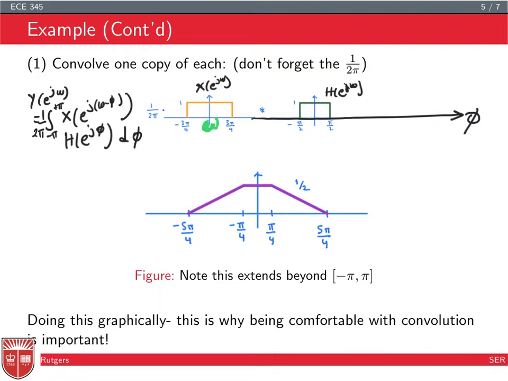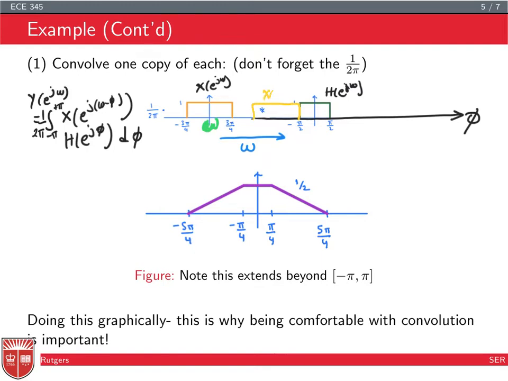Now, if you do the multiplication as it is right now, it's 0 if omega is very far. The multiplication becomes non-zero when this one, let me draw it in blue, as you keep decreasing omega this way, until you hit here.